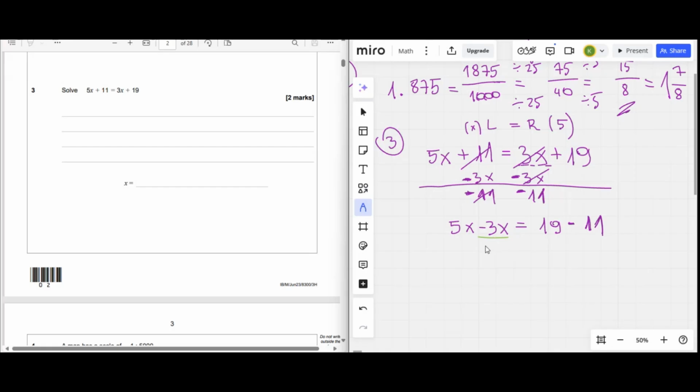And thanks to that, we have x's on the left and numbers on the right. Now we can simplify: 5x minus 3x is 2x, and 19 minus 11 is 8, and dividing both sides by 2, x is 4. I understand. Can put that there.